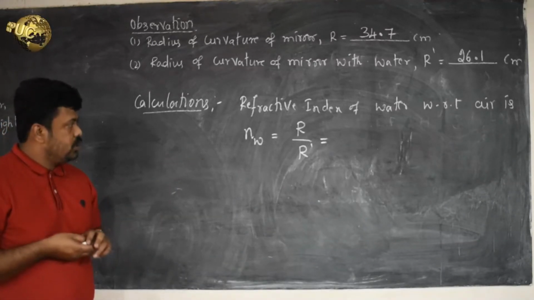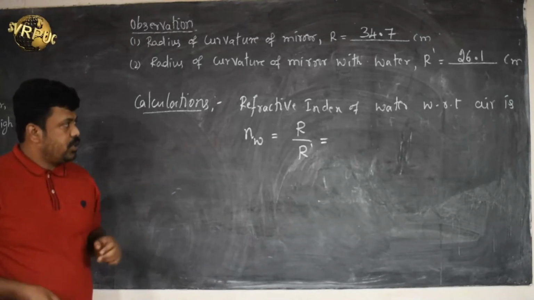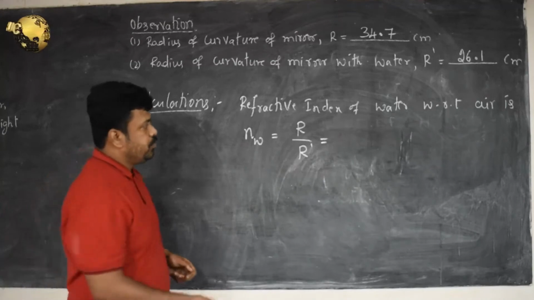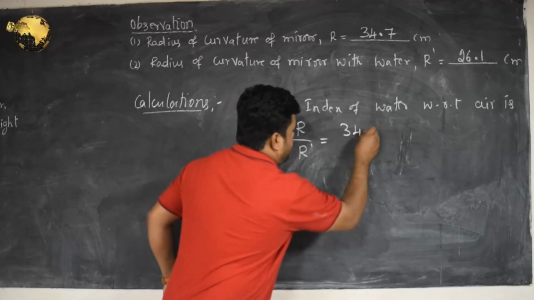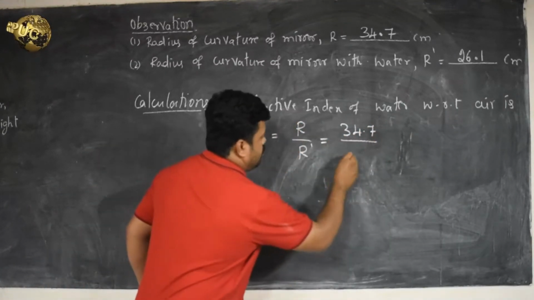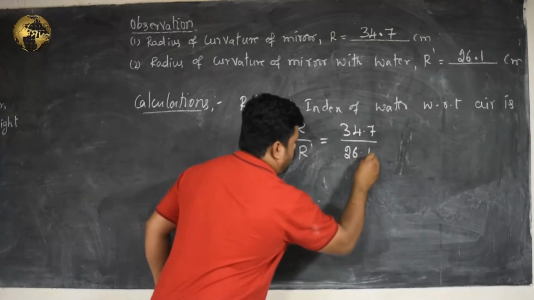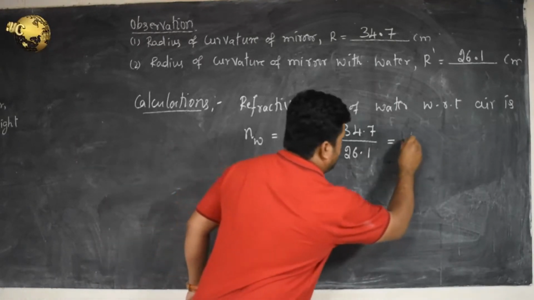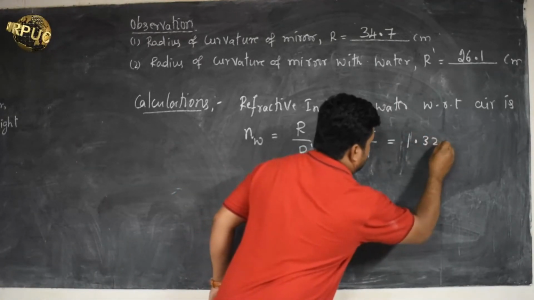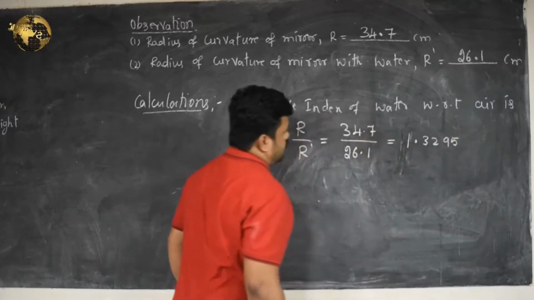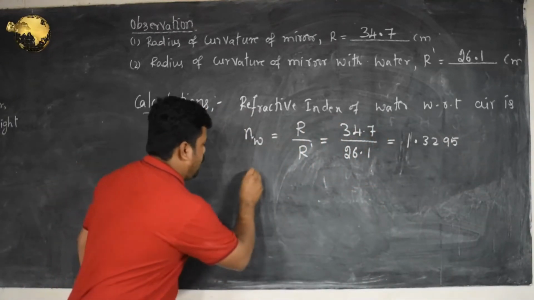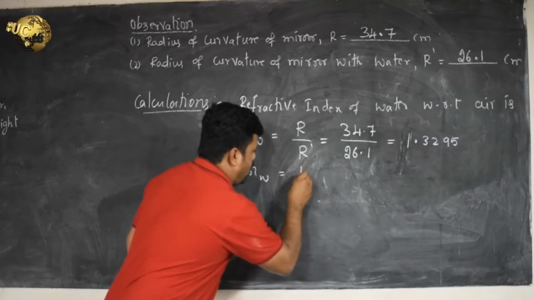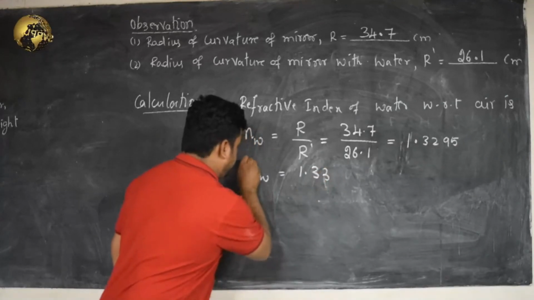The formula I am making use of here: the refractive index of water, n_w, is equal to R by R dash, that is 34.7 divided by 26.1. The centimeters cancel out. On solving this, we get the value 1.3295. So you can approximately take the refractive index of water as 1.33.